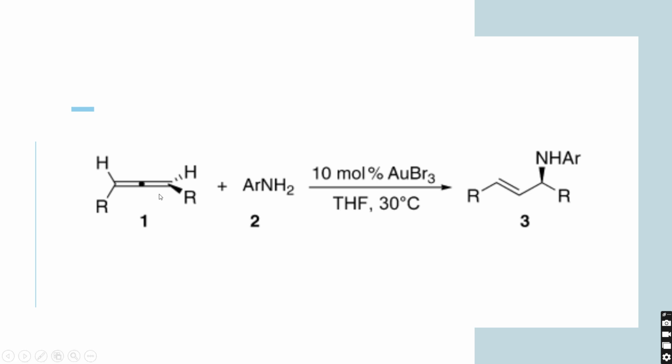Okay, and you can see that this allene is getting attacked by the aromatic amine on this carbon. Okay, and we are going to get this internal alkene. So let us see how gold is activating the allene molecule.